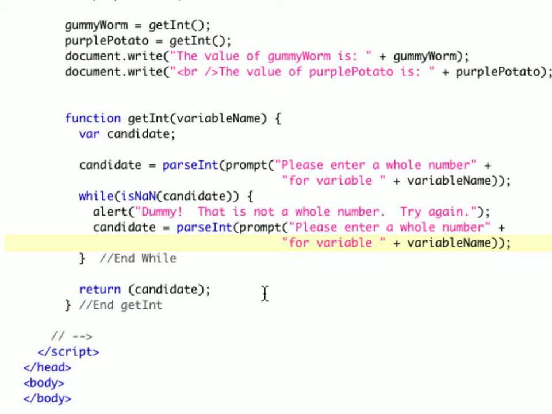Where does that something need to go? It's up here inside of getInt. So remember, this is where we specify arguments, in these parentheses.